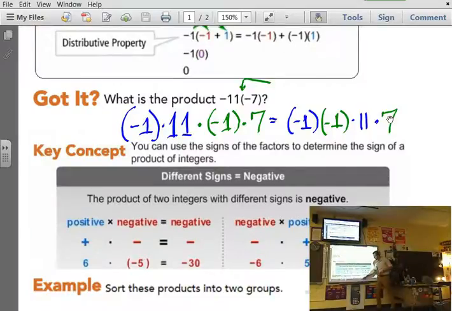So again, this goes back to the rule that if there's pairs of negatives, they become positive. Like when we had the minus the negative, like 3 minus -2, it's kind of the same that if we have -3 times -2, there's the opposite of 3 and the opposite of 2.